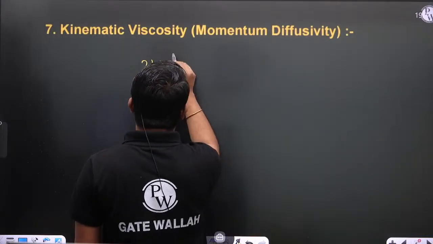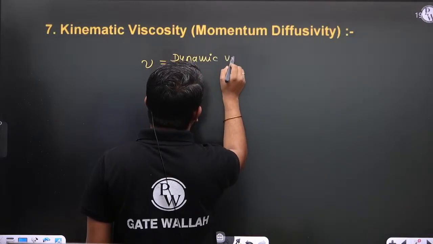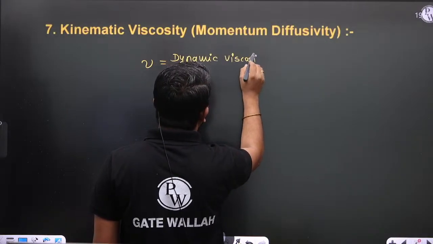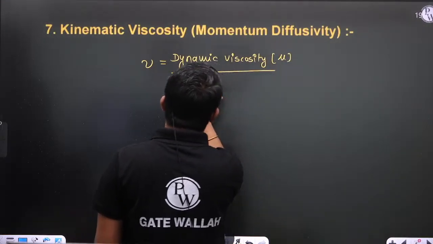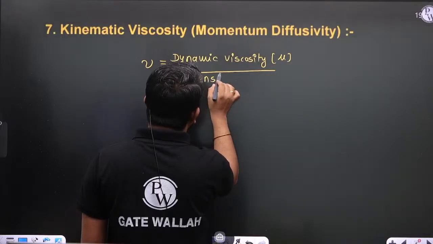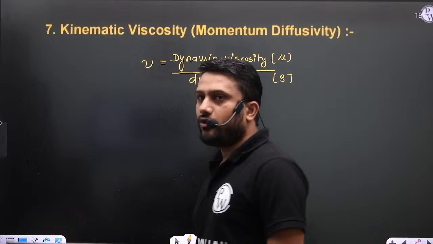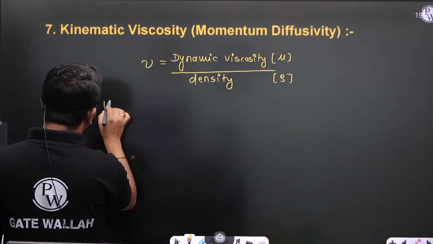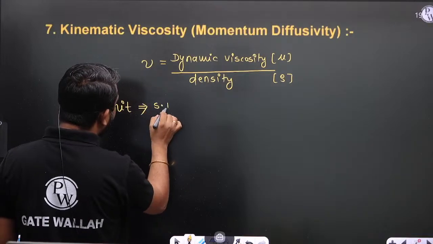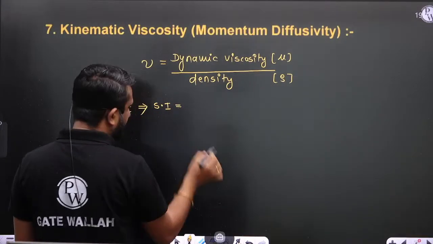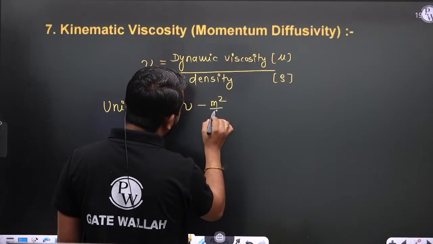So kinematic viscosity is the ratio of dynamic viscosity to density, right? And what is the unit of kinematic viscosity? The SI unit is meter square per second.